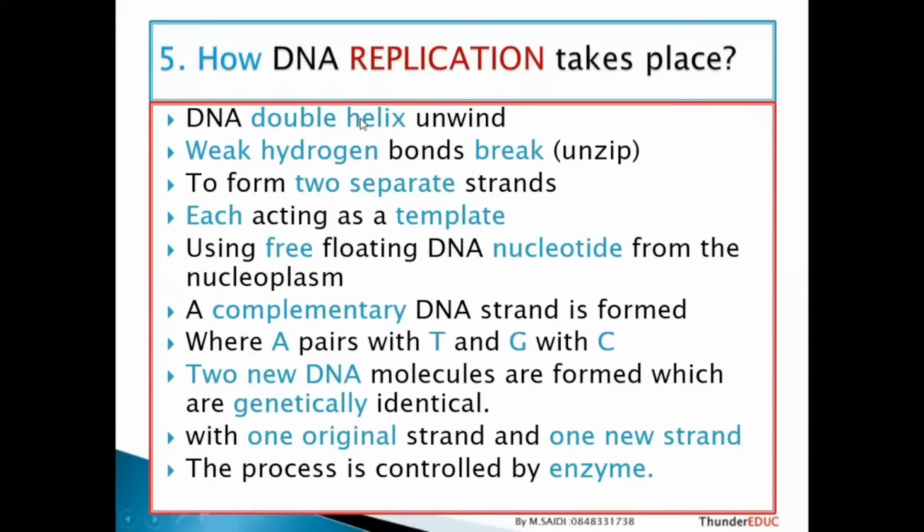Here we give you a tick, a tick, a tick, and so on. Sometimes we also give you a tick here, but sometimes we don't, depending on the marking guideline. So that is basically the process of DNA replication, and that's how we are going to ask you.